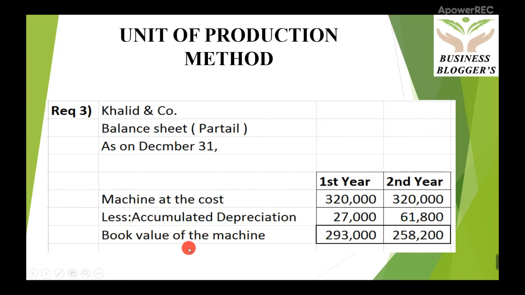The book value will be 2,93,000 and 2,58,200. This is our partial balance sheet. Now we have fulfilled the third requirement of this example. I hope you understand how we calculate the unit of production method.